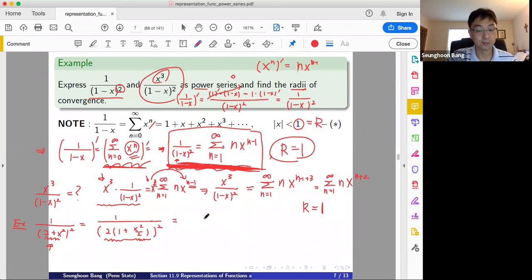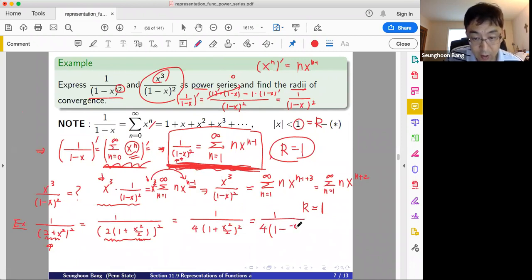Next, distribute the power 2 to the 2. The 2 squared is 4. So we have 1 over 4 times 1 plus x squared over 2, squared. You can change the middle sign to negative: 1 minus negative x squared over 2, squared.